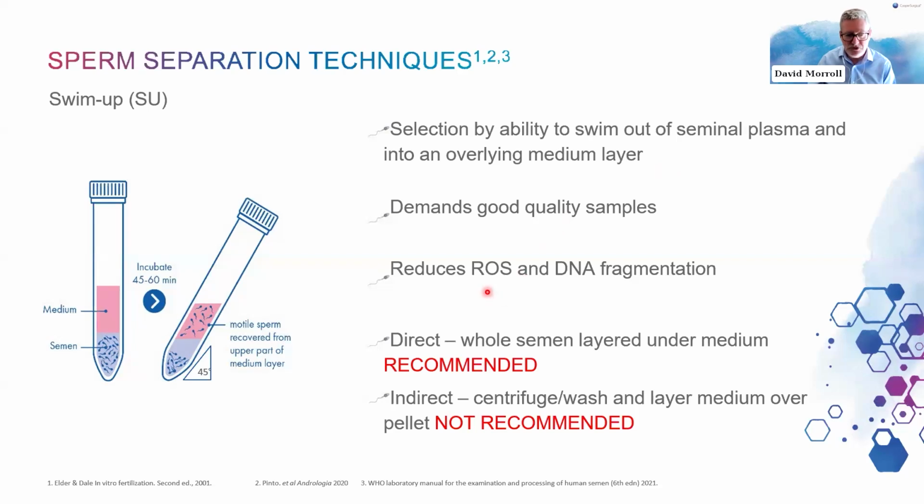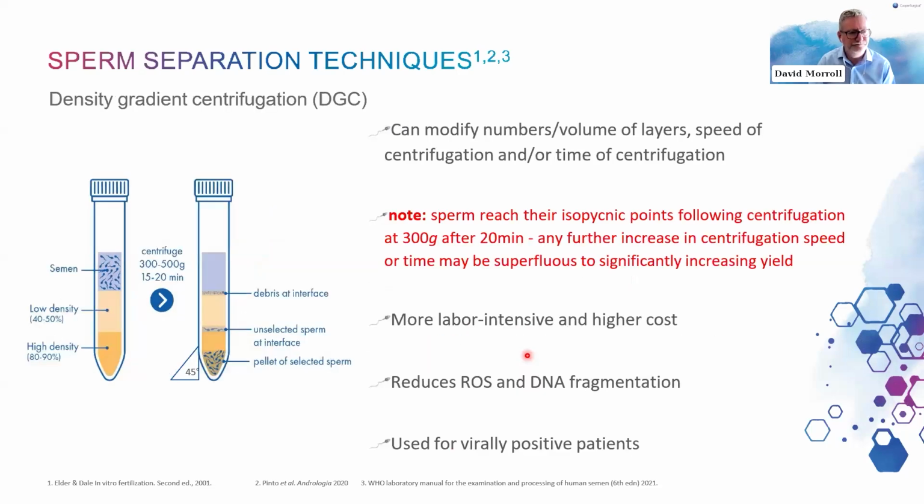But we know it reduces the carryover of reactive oxygen species, and we know it gives samples after preparation that have lower DNA fragmentation. The only caveat being that you have to do it from whole semen. You don't wash first because that's detrimental. Similarly, density gradients, same end goal, that you end up with lower ROS and lower levels of DNA fragmentation.